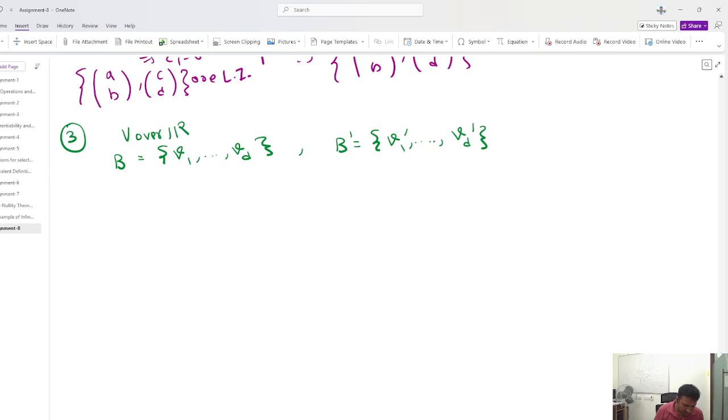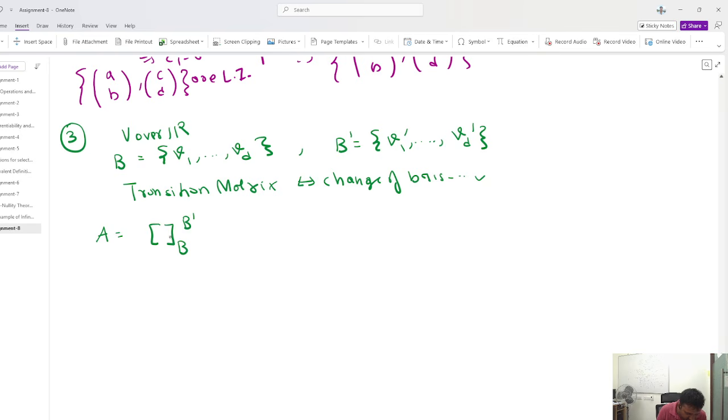Okay. So if A is your transition matrix, by the way, transition matrix or change of basis matrix, these are one and the same thing, okay? So it is given that A is your transition matrix from B to B prime.